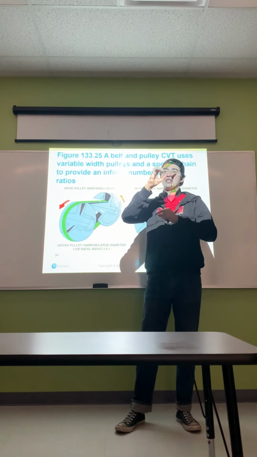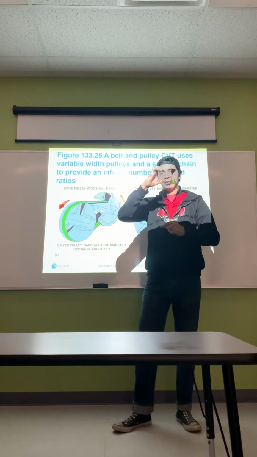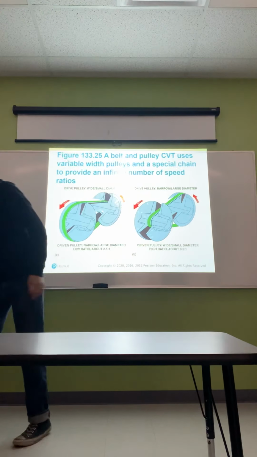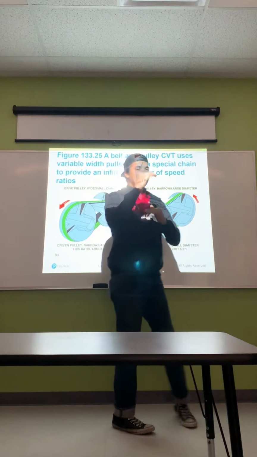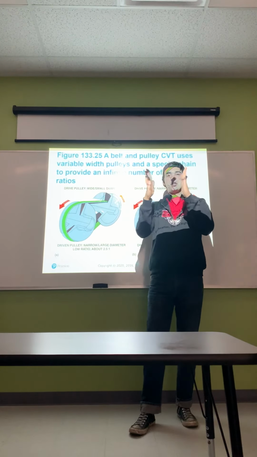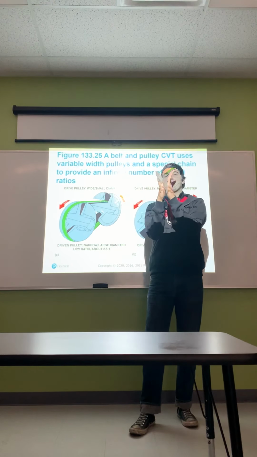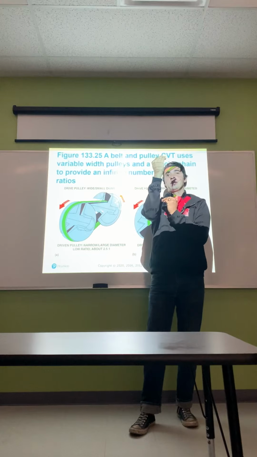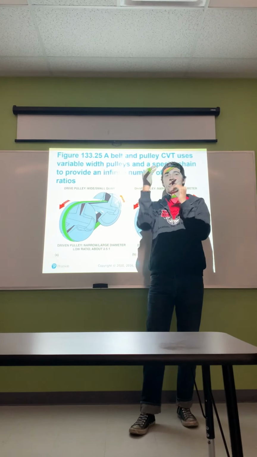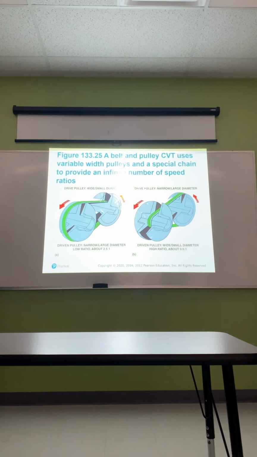So basically you're creating one gear ratio and then another gear ratio, and it's anywhere in between. We're creating different gear ratios by expanding and contracting that belt by how much the pulleys contract and expand out. When they come inward, that belt's going to get taller. When it goes outward, the belt's going to get shorter. The belt stretches back and forth, creating the different gear ratios.